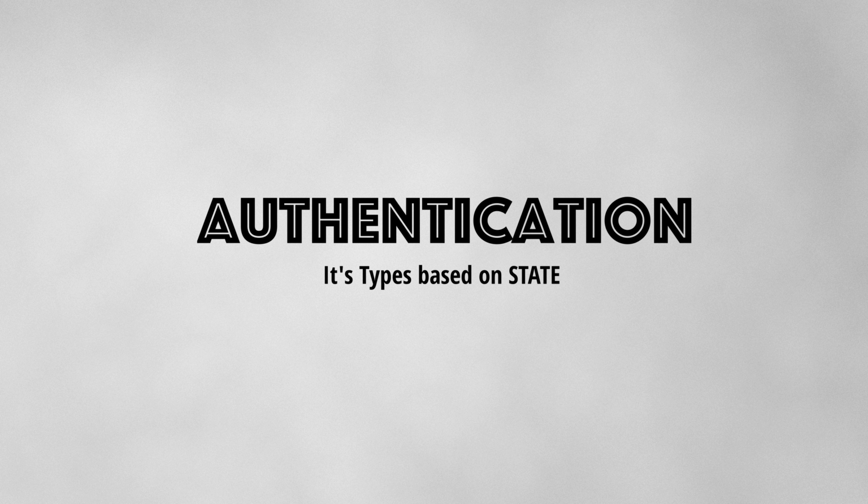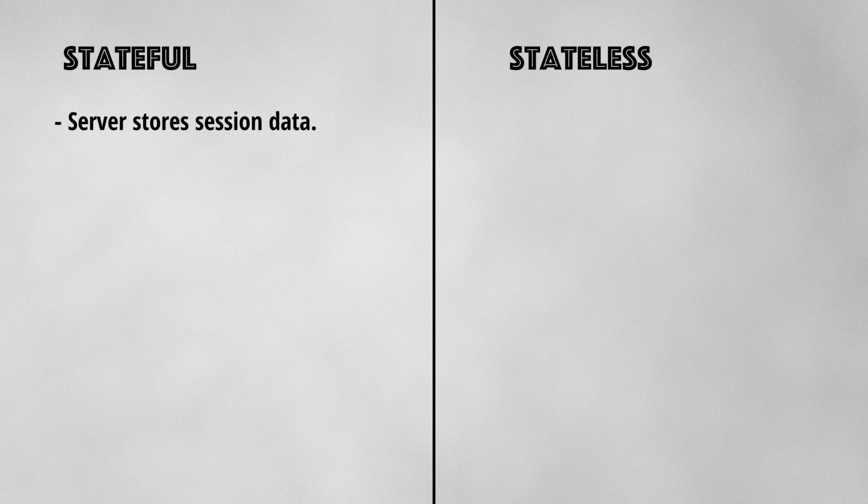Now let's move to what are the types of authentication based on state. State refers to how data is stored and maintained over time in an application. In simple terms, it's the memory of a system that helps it remember things between different interactions. Based on state, we can have stateful authentication and stateless authentication. Stateful authentication means the server keeps track of the user's data.